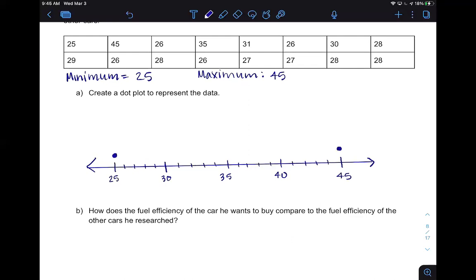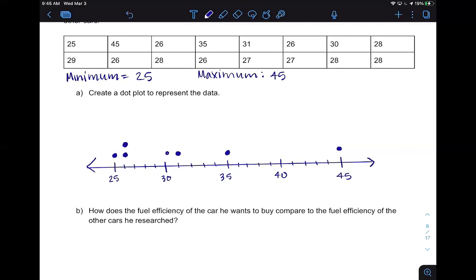Next number, 26, put a dot above 26. 35, put a dot above 35. Put a dot above 31. Okay, 26. We already have 26, so we're going to stack it. We're going to put another one on top of the one that's already there.